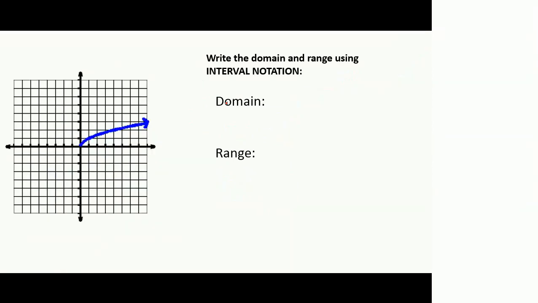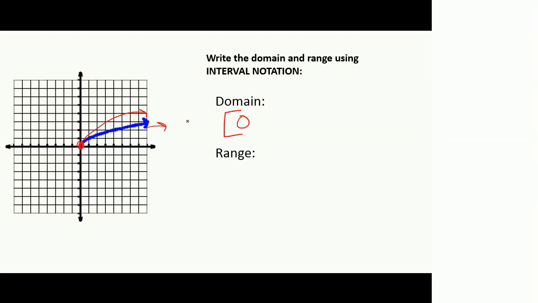Last problem for the day. I have the domain and range of this graph. Notice we start here and it shoots off forever over that way. My domain, I know I'm starting at 0, but it looks like I'm going forever this way, forever in the positive direction.